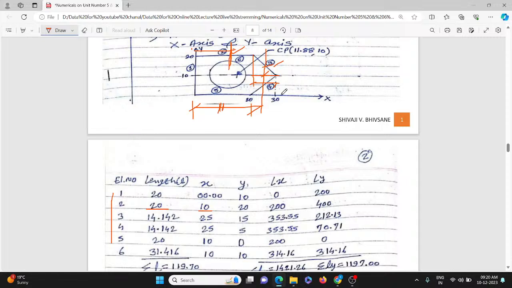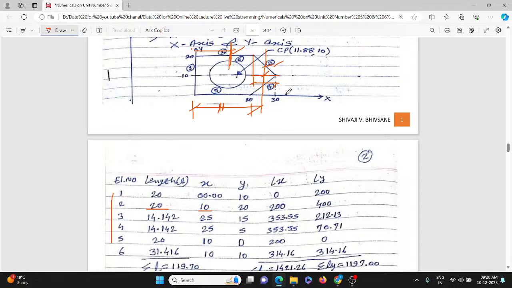So 20 plus 10 divided by 2, that is 20 plus 5, that is 25. Are you getting this? Very simple.